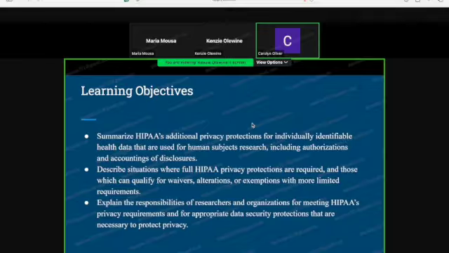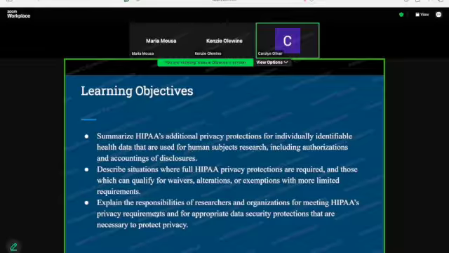The second objective was to describe situations where full HIPAA privacy protections are needed and where you can get waivers, alterations, or exemptions from HIPAA privacy protections with different requirements. And then the final objective was to explain the responsibilities of researchers and organizations for meeting HIPAA's privacy requirements and appropriate data security protections that are necessary to protect privacy if technology is being used for research.